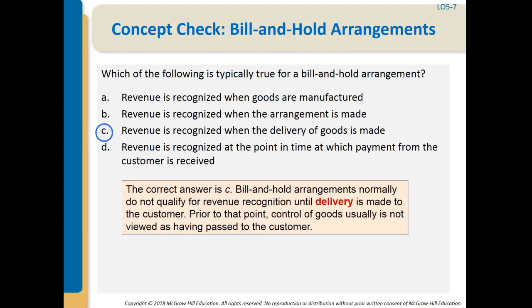So as you see here, bill and hold arrangements normally do not qualify for revenue recognition until delivery is made to the customer. Prior to that, control of goods usually is not viewed as having passed on to the customer.